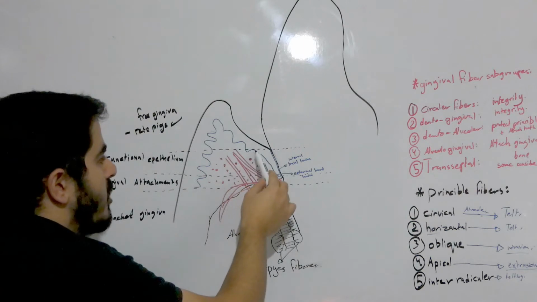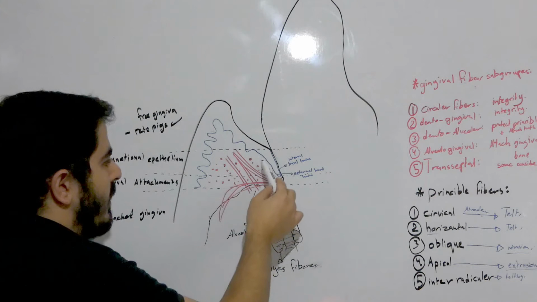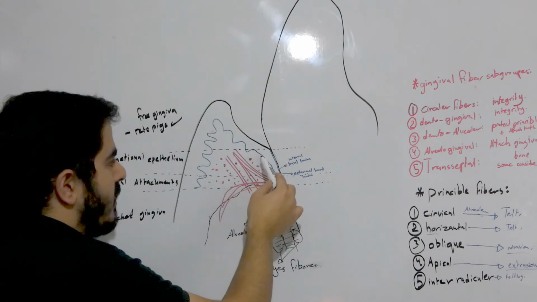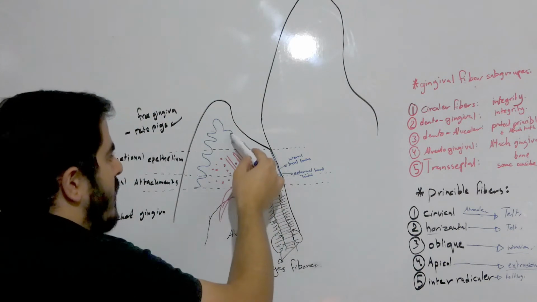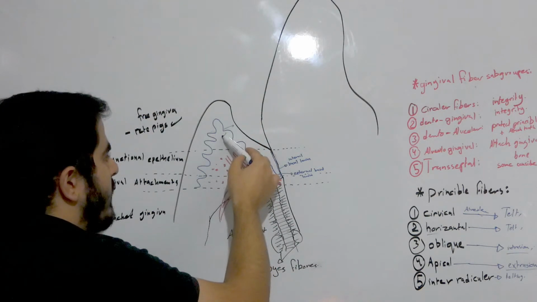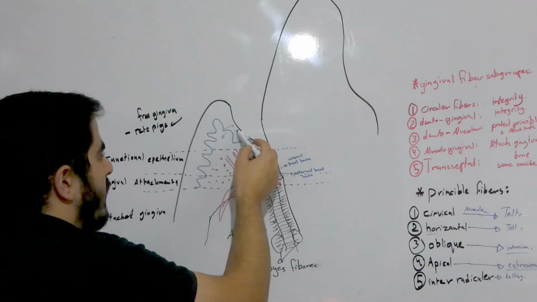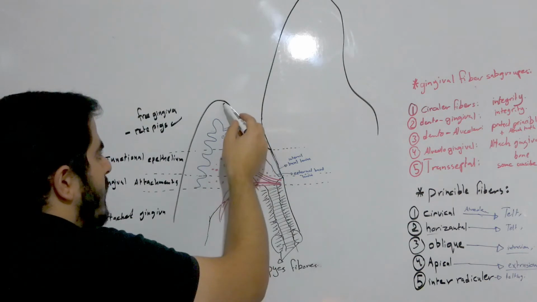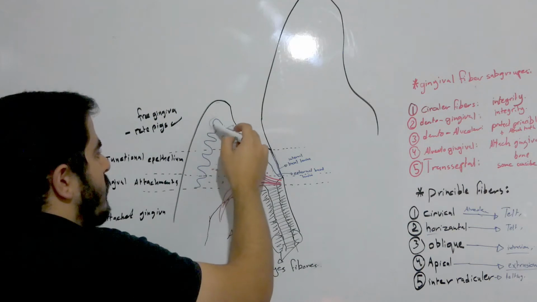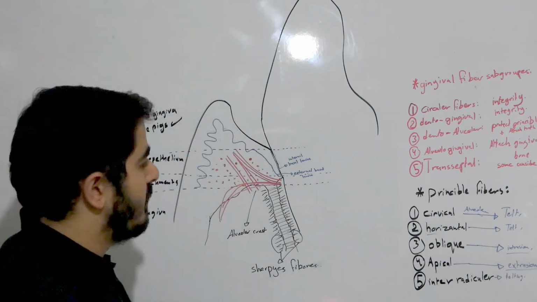But when we come to the junctional epithelium, there are no intrusions of the basal lamina. What happens is that we have here the epithelial layer and here the basal lamina. All around the gingiva we have a keratinized layer and the layers of the epithelium, and the outside is the oral cavity.